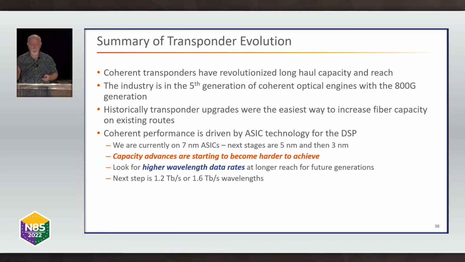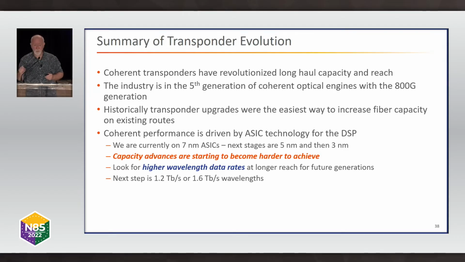Coherent performance is predominantly driven by ASIC technology and also by the quality of the modulators. We're currently on 7 nanometer ASICs. The next stages are 5 nanometer, then 3 nanometer, and we're starting to max out in terms of capacity limits in the fiber.